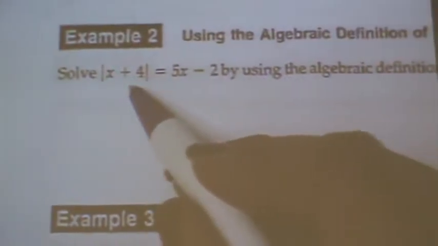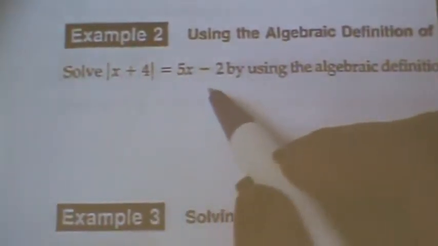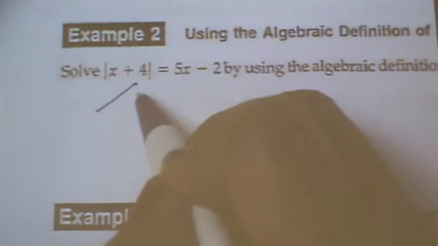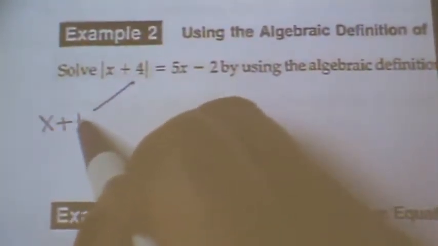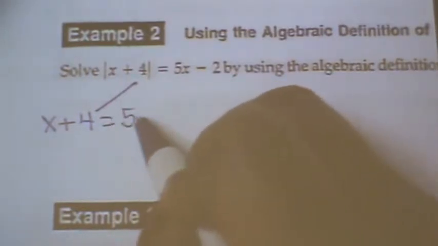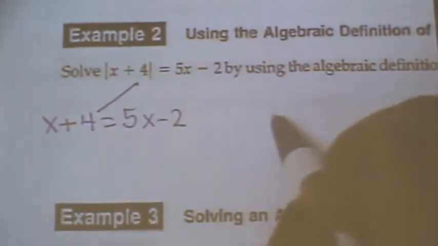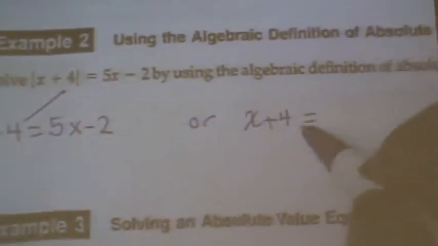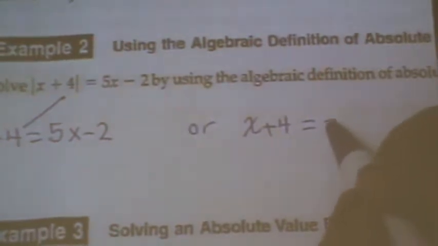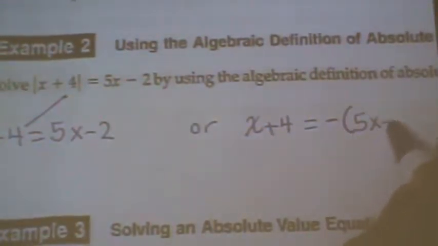It says absolute value of x plus 4 is equal to 5x minus 2. How am I going to break this up into 2 problems? X plus 4 equals 5x minus 2, or what's the other one? X plus 4 equals the opposite of 5x minus 2.